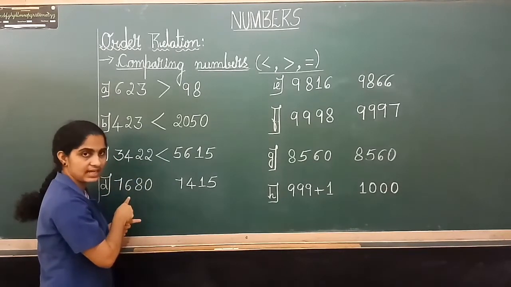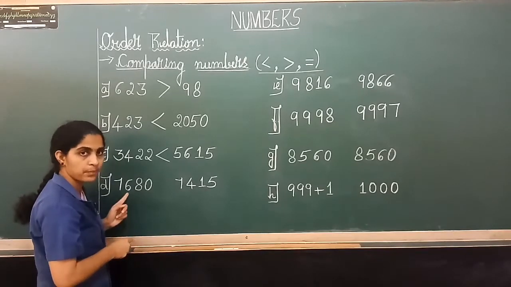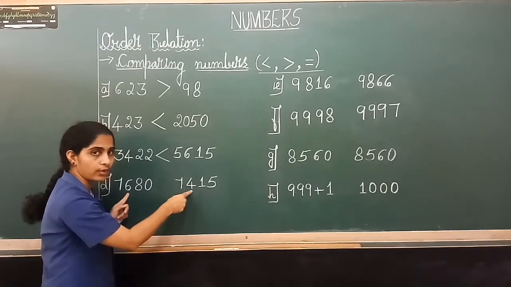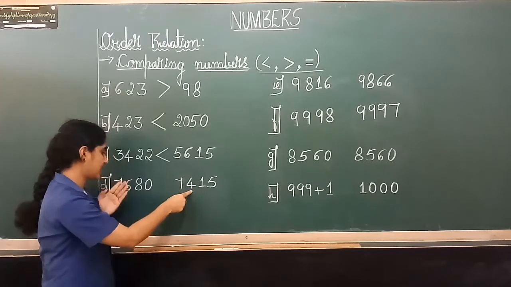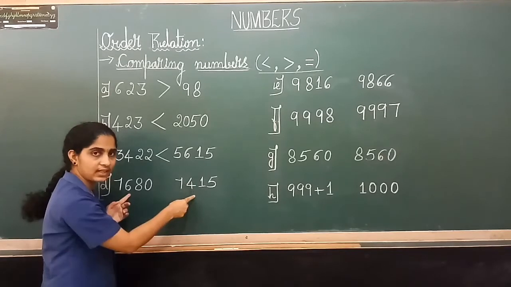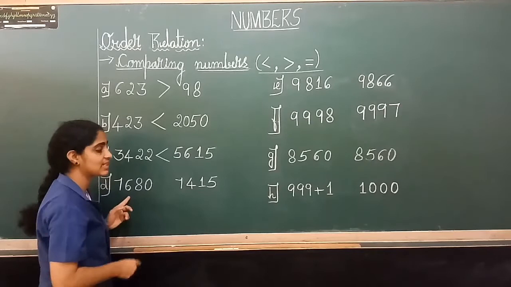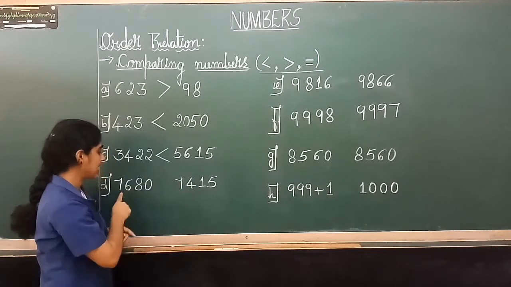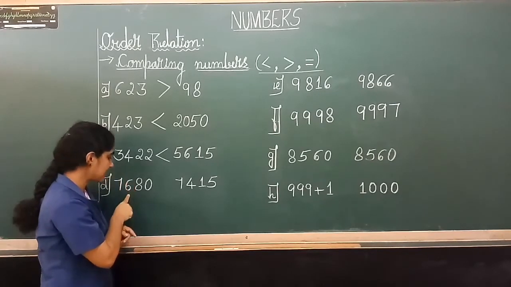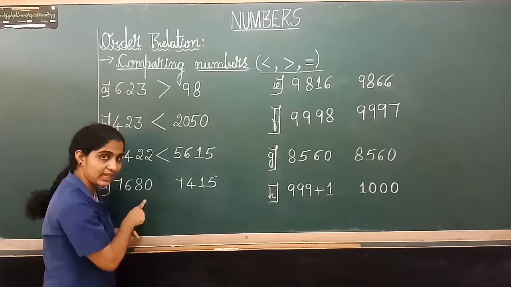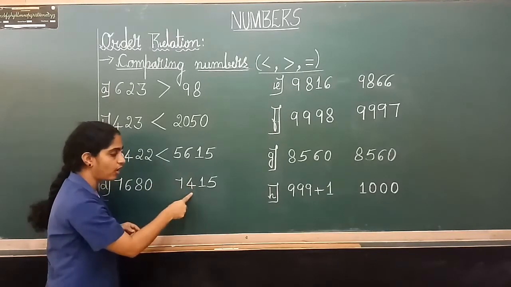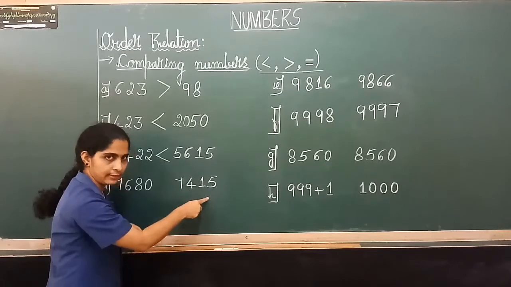If we see the second digits, here we have 6. On the other side, we have 4. Now which is greater? 6 is greater or 4 is greater? Exactly. 6 is greater than 4. Correct? That means 7680 is greater than 7415.